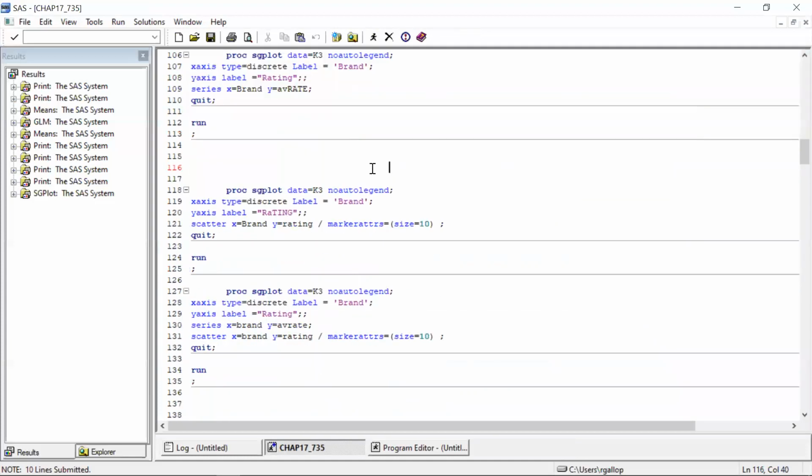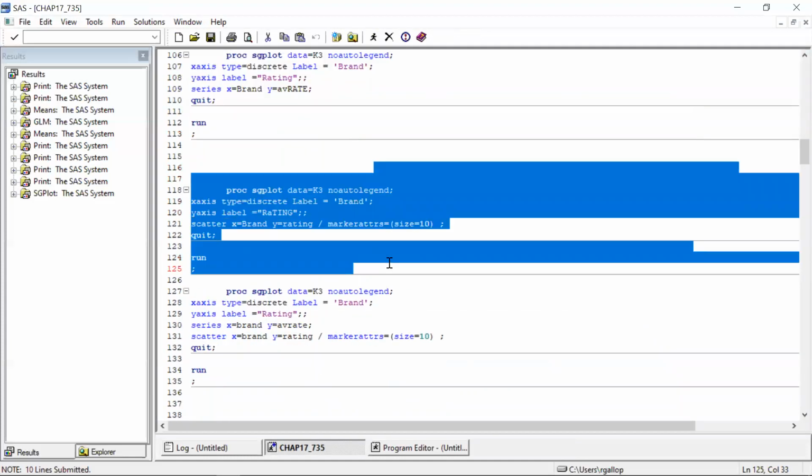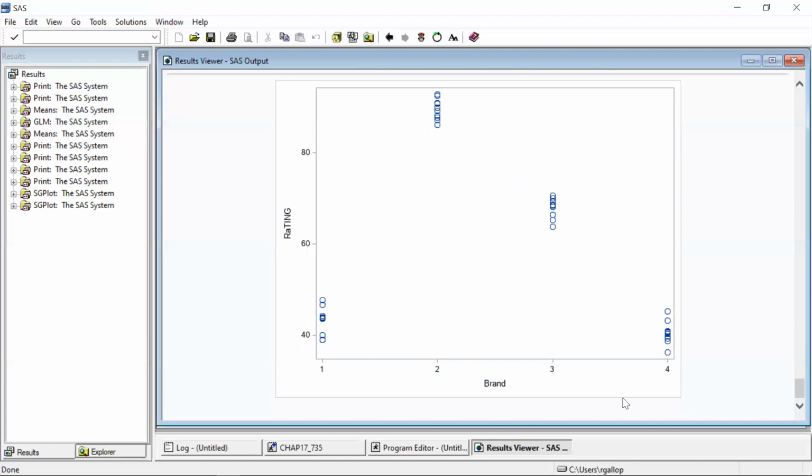If I go to this one, this one's giving me the raw data. Give me the raw data per brand. Remember, when we're analyzing data, there's 3 things we need to know to analyze data.